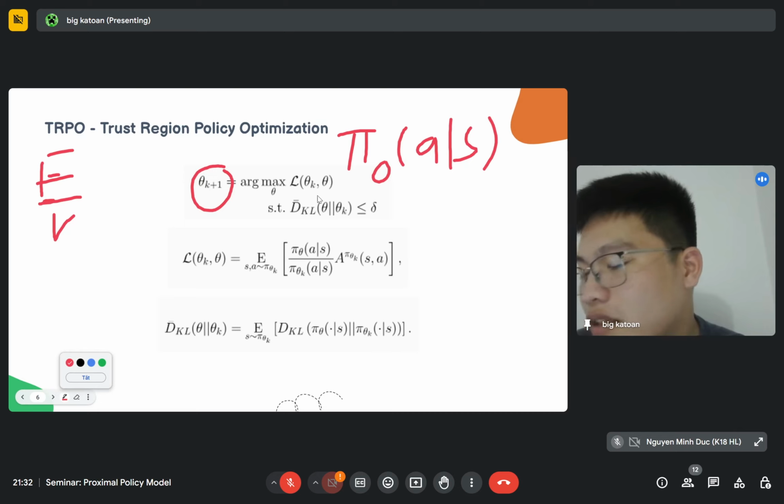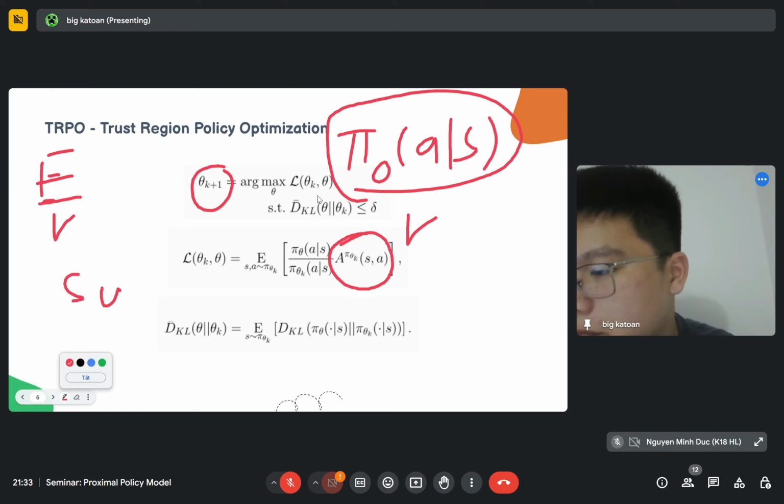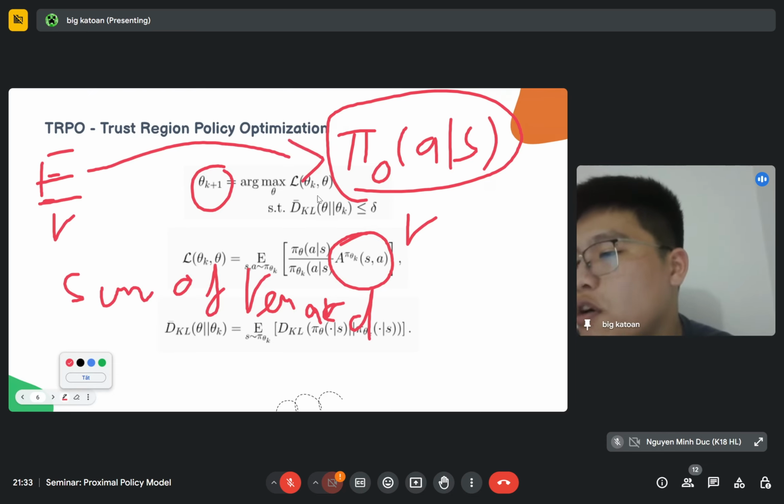That is the model. But the actual reward is defined by the environment, while A pi theta k is the sum of reward, and we want the expected reward of pi theta to converge to the sum of the reward.